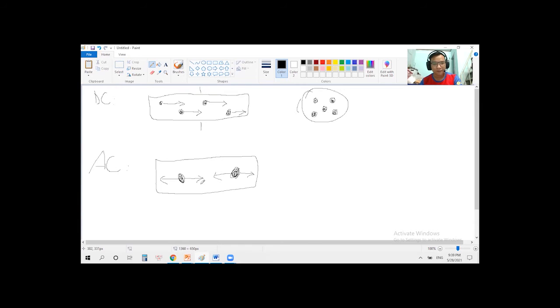And when they flow like that, each electron creates a magnetic field, and this magnetic field pushes the other electrons.